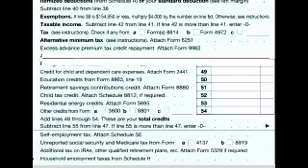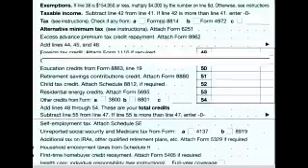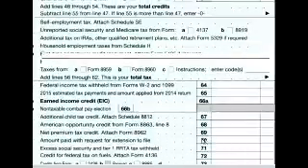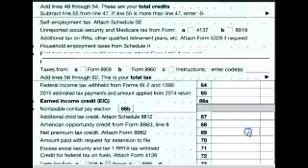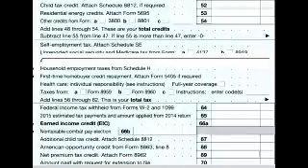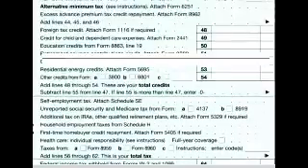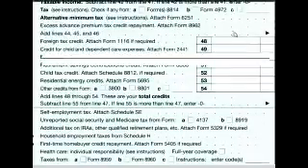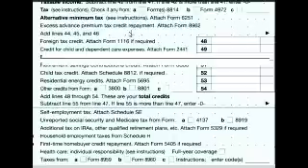If you had an excess, in this case there was an excess advance premium tax credit repayment. Otherwise there would be a net premium tax credit on line 69. So two cases when you're filing this form: either you have to repay, or they have to give you some premium tax credit.